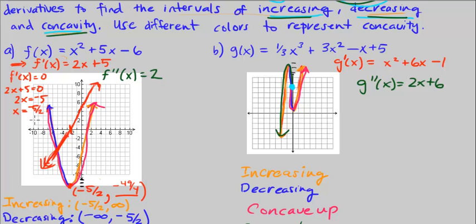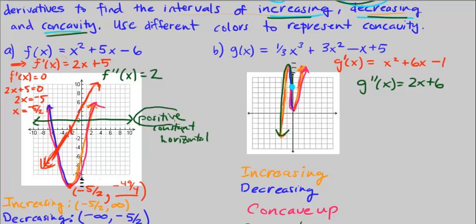So let's graph this, right? This is f double prime of x here in green, and it's positive. It's constant. It's just a positive constant horizontal line.